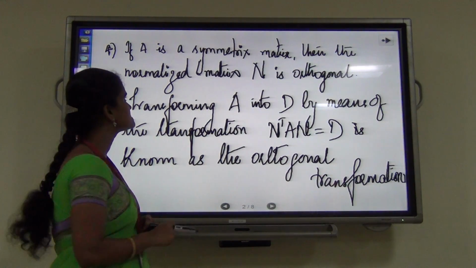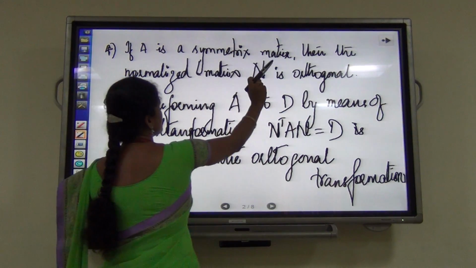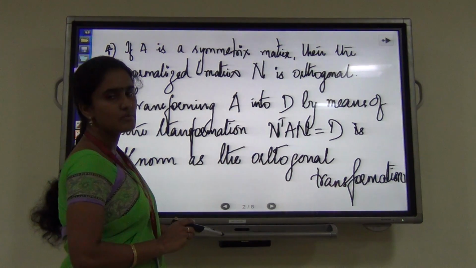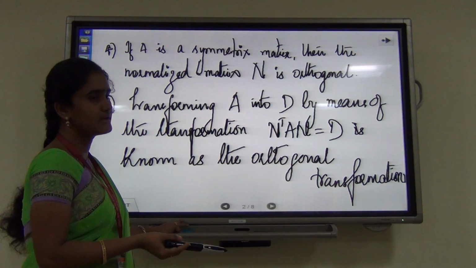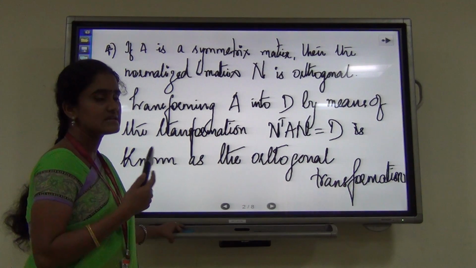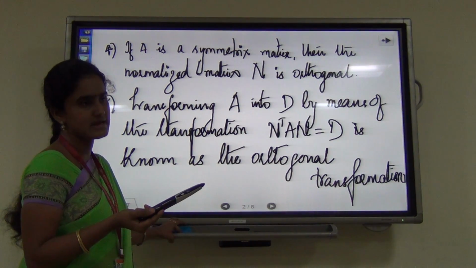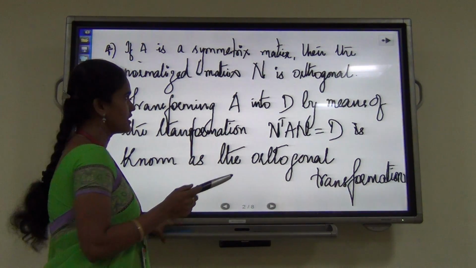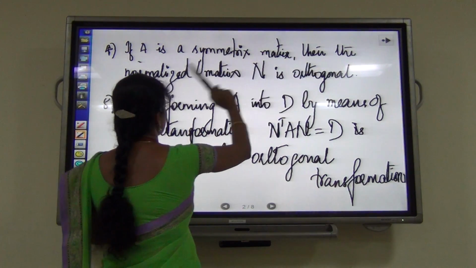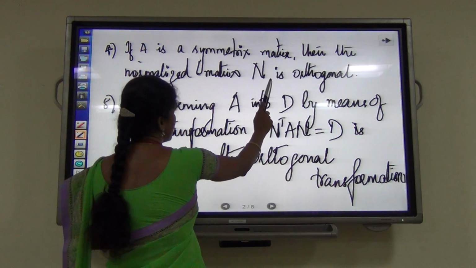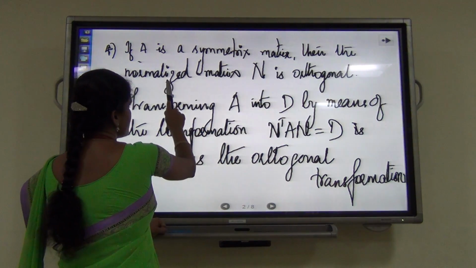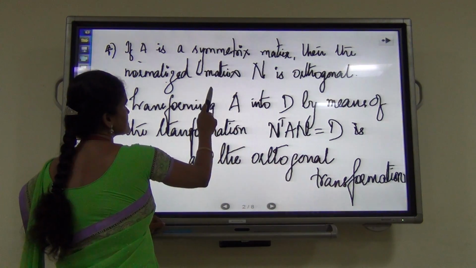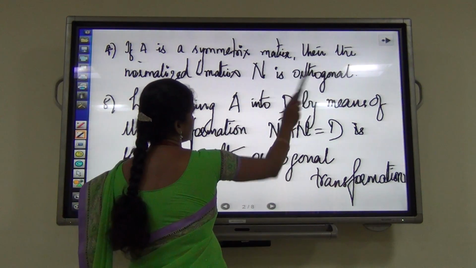And the next point is, if A is a symmetric matrix, then the normalized matrix N is orthogonal. It's a very important point, related to the topic of finding diagonalization.